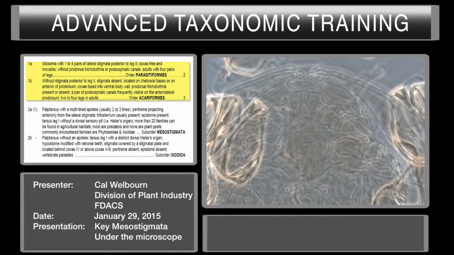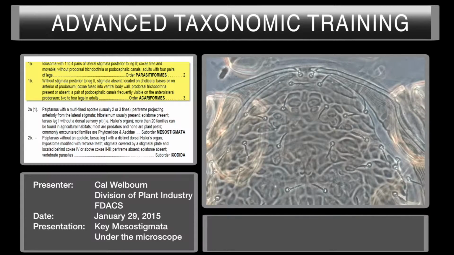Focusing on these setae, we can see there are no bothrial bases. These are all just normal setae. So it doesn't have trichobothria or podocephalic canal. Someone might confuse the paratreme with a podocephalic canal, but the paratreme goes to the stigmata, so you can rule that out as a podocephalic canal.